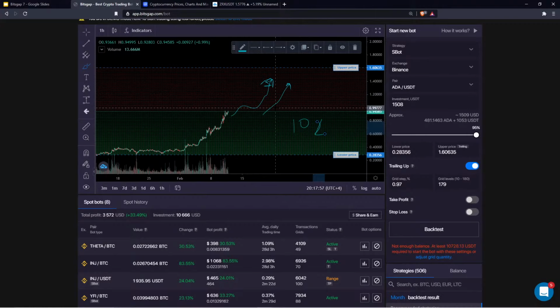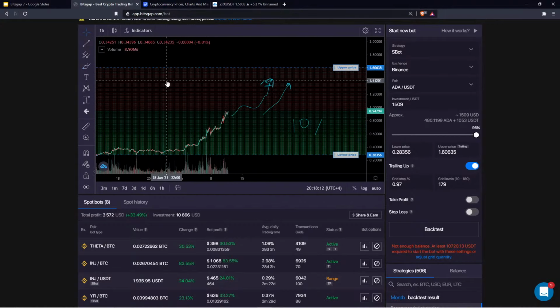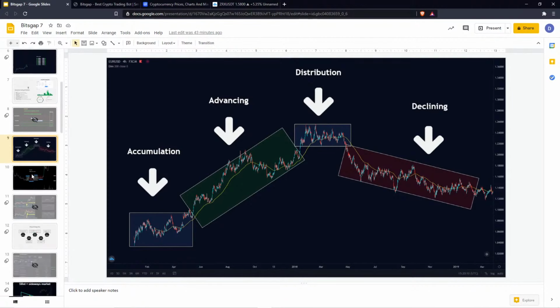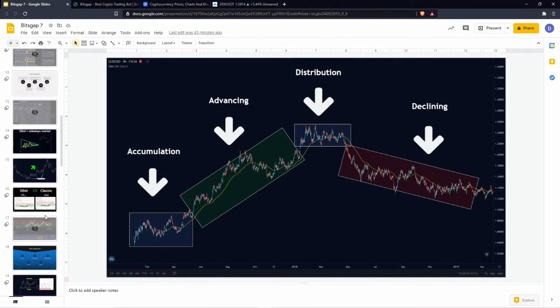And that's why as it goes higher, you buy fewer coins. And that's why your risk exposure here is limited in case of the SBot. So that's why it turns out that the SBot is optimal for the sideways market, whereas the classic bot is optimal for the rising market.